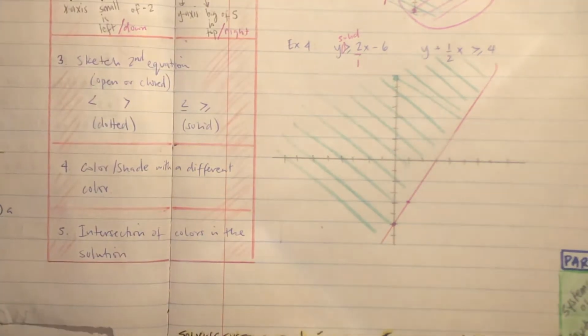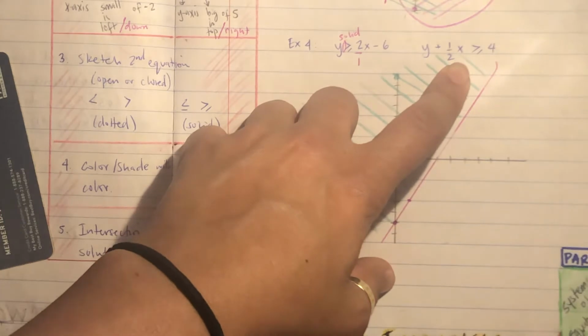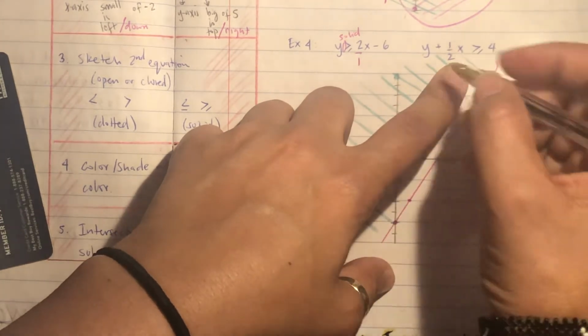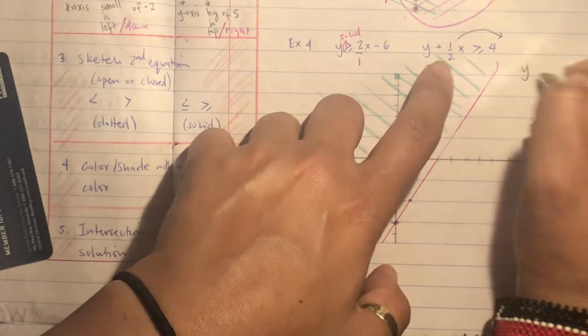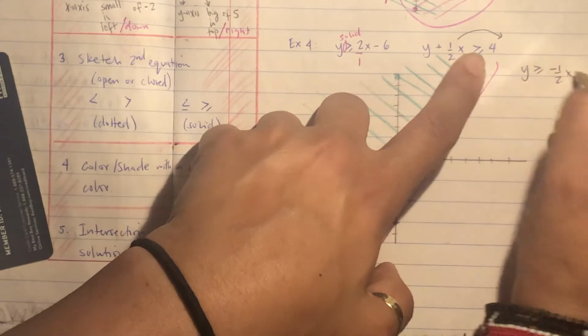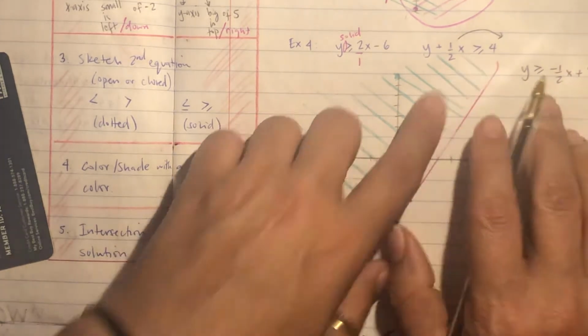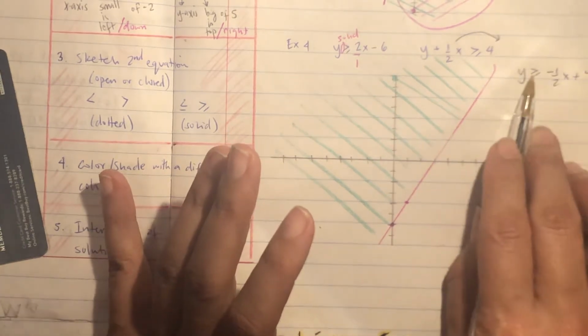Okay, then you go to your second equation. I need to make this y equals, so I can do it by y-intercept form. So take this to the other side, so it's going to be y is greater than or equal to negative 1/2 x plus 4. I didn't multiply or divide by a negative number, I just moved this to the other side, so I don't need to flip the inequality.